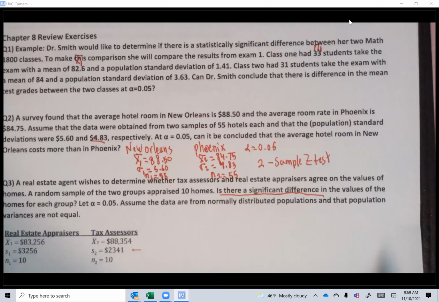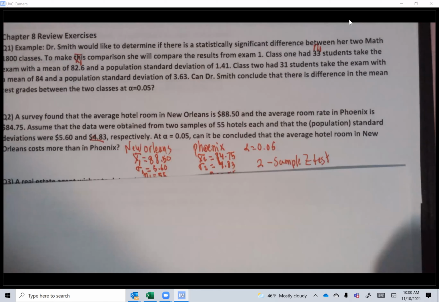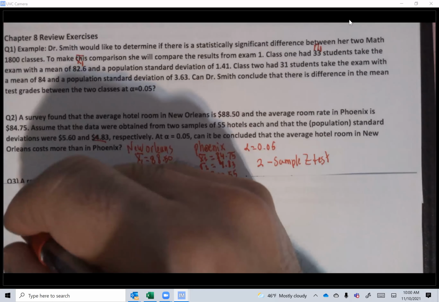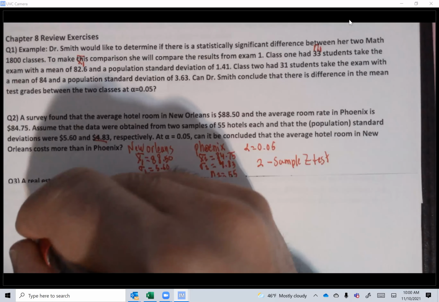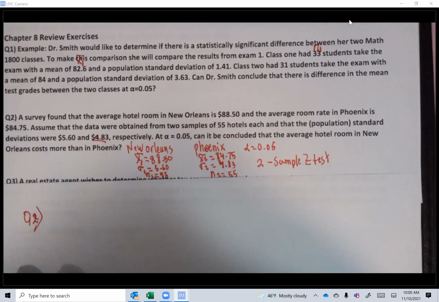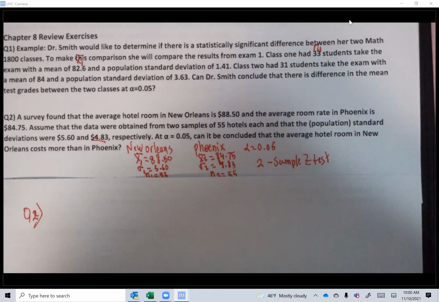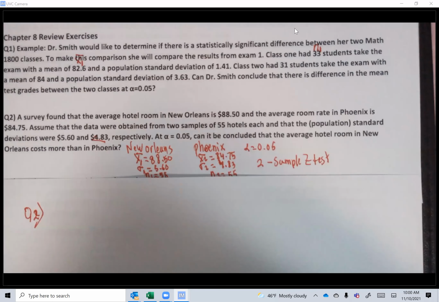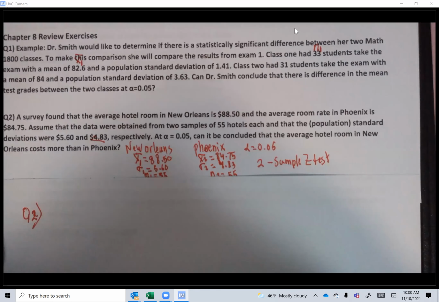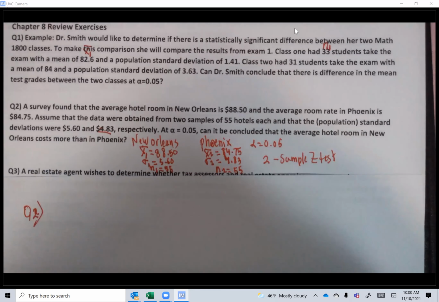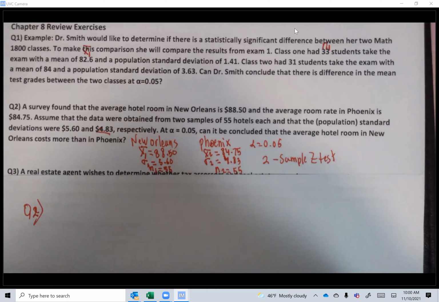Number 2. All right, let's do this. So get your calculator ready. With this, we'll have done a very good review of the 2 sections here, 8.1 and 8.2.